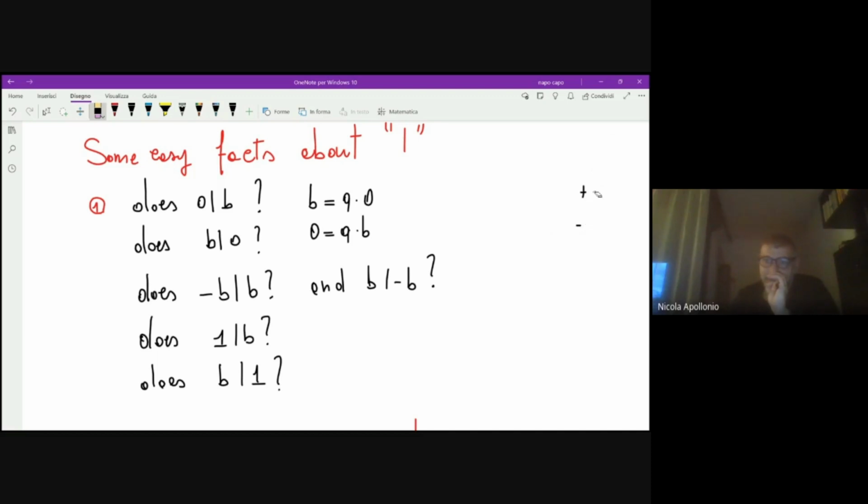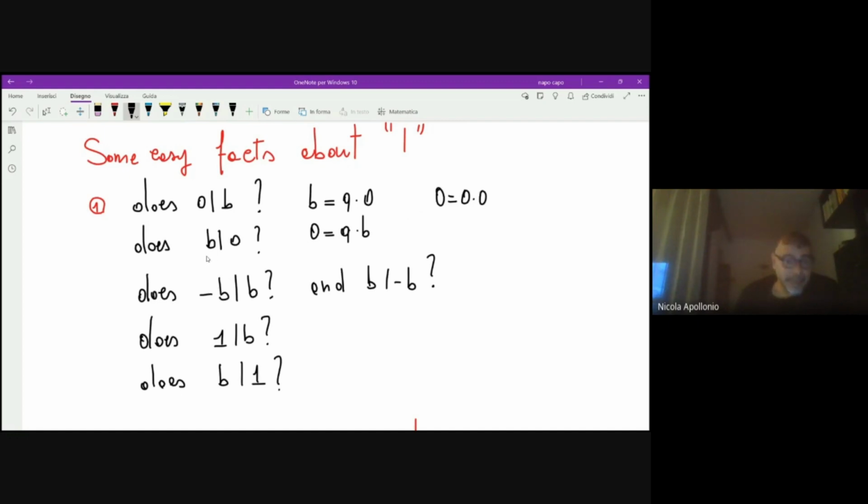Let me start again. Oh, yes, of course. What we have said so far is true. It's more generally true, but has nothing to do with the question I put. So the question is, can I write B as a multiple of 0? No, unless B is equal to 0. In this case, 0 is equal to 0 times 0, and it is indeed a multiple. 0 is a multiple of 0 indeed.